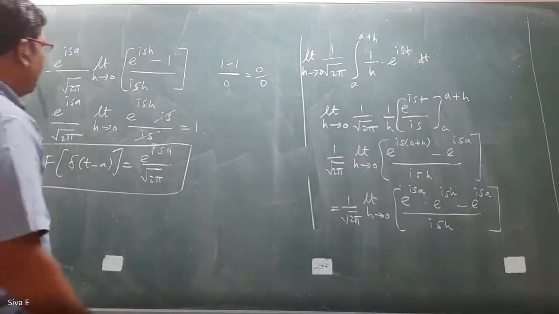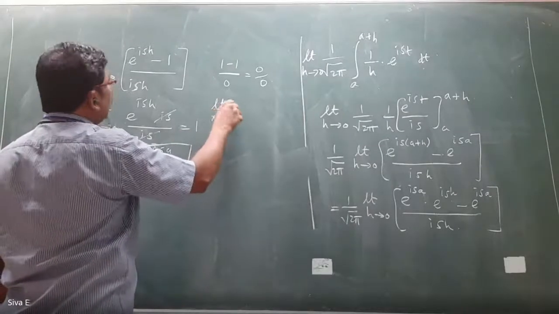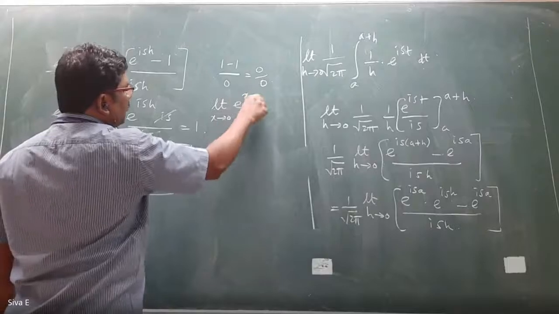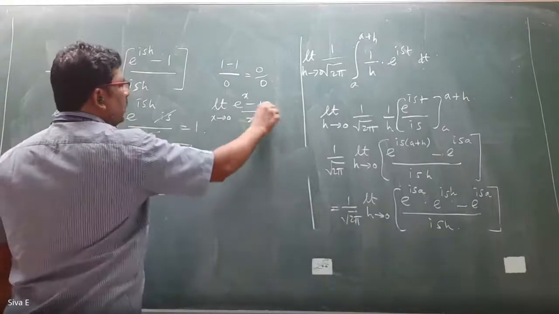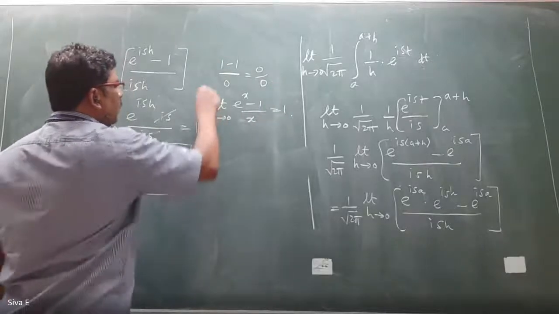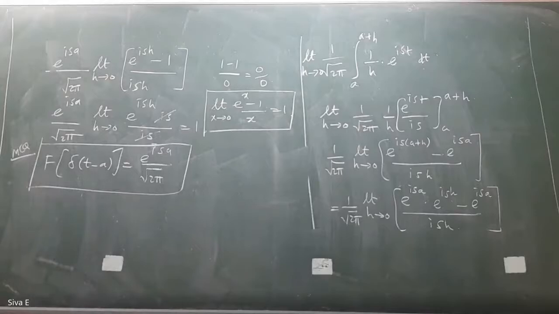So in general, what is the rule? Limit x tends to 0 of e power x minus 1 by x is equal to 1. Any other doubt?